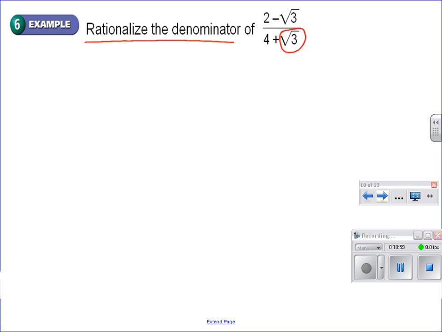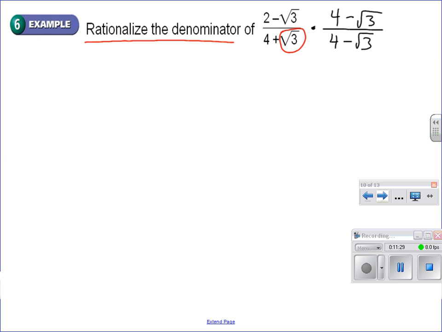Well, they just showed us in the last example that if I multiply by the conjugate, the square root in the middle is going to go away. So I'm going to multiply this bottom by 4 minus the square root of 3, his conjugate. Well, if I do that on the bottom, I have to do that on the top. Otherwise, I'm not multiplying by a form of 1, so I'd be changing a value. Don't want to do that.